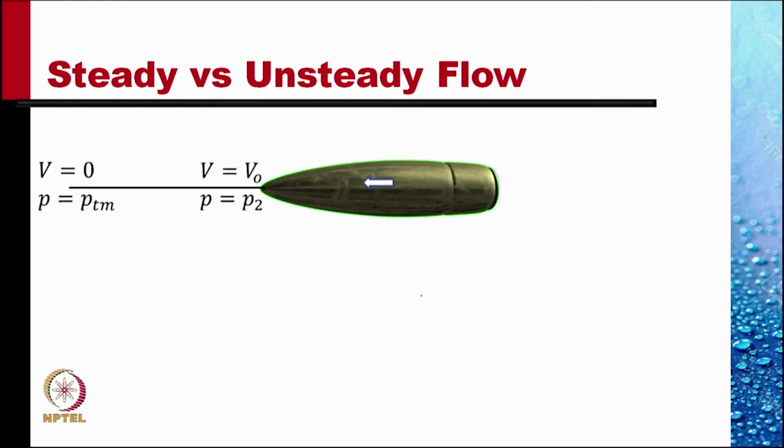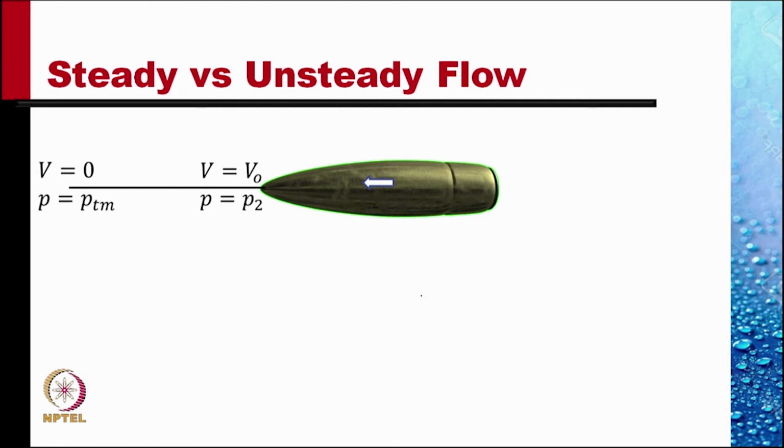If we apply Bernoulli equation to this, at a point far upstream, the atmosphere is stationary, the velocity is 0, so pressure is P atmospheric. At the nose, the air particle is moving with the velocity of the projectile, velocity V0, and the pressure is to be determined.